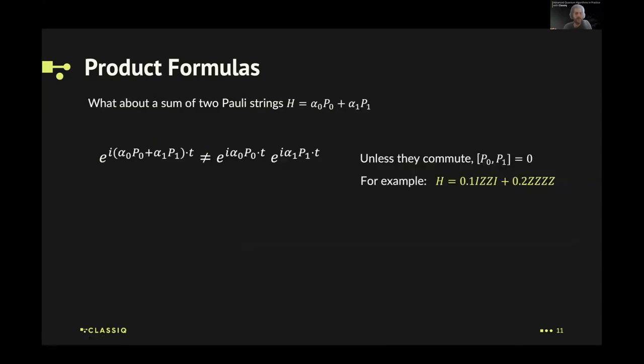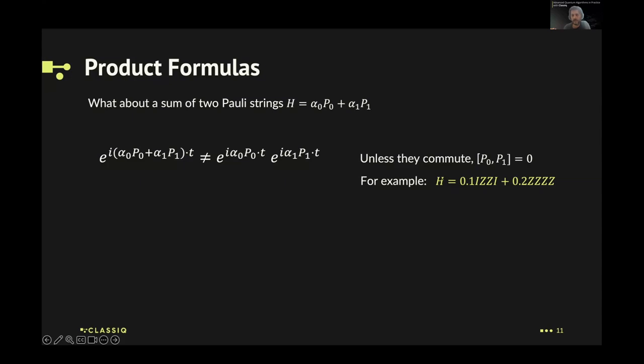Now, what about the case where you have a sum of two Pauli strings? With matrices, the exponent of the sum is not necessarily the product of the exponents. So this equation does not hold unless the two matrices commute. If P0 times P1 minus P1 times P0 is equal to 0, which means that they commute, then you have equality.